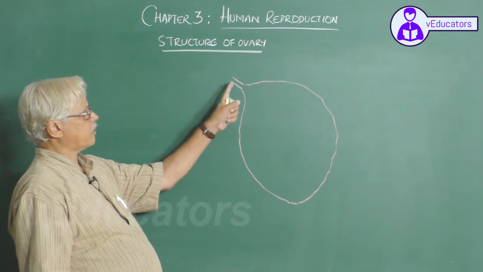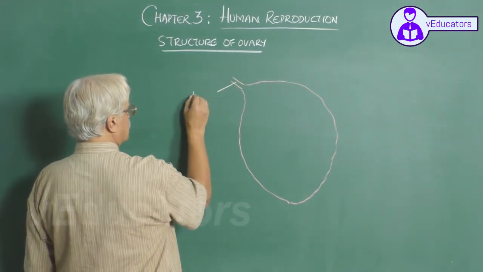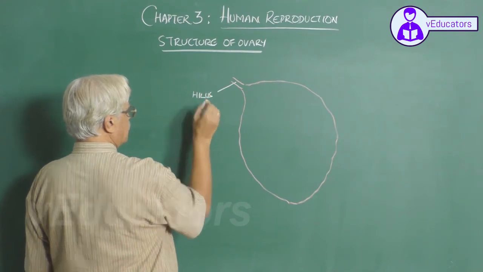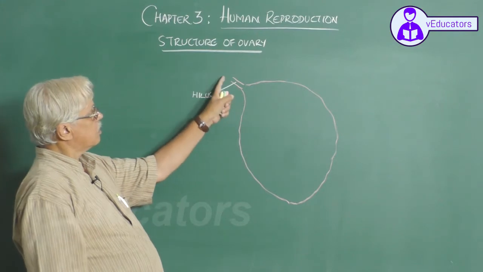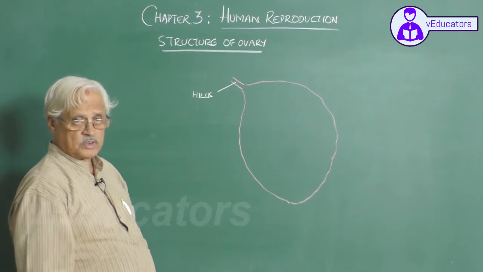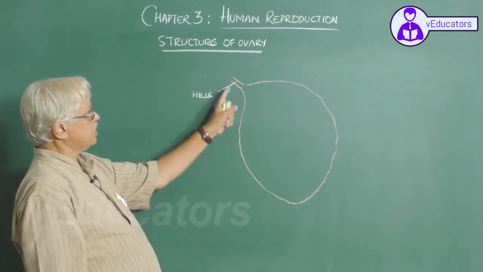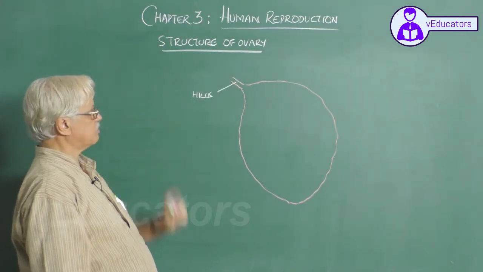This is the hilus, the point where blood vessels and nerves enter the ovary. If you recollect the female reproductive system diagram, you will see it is present at the junction of the fallopian tube with the uterus.